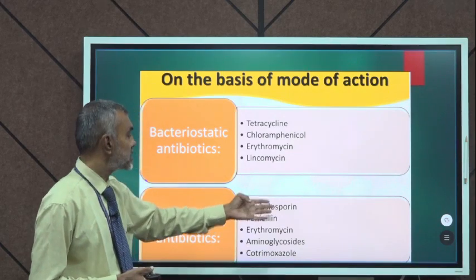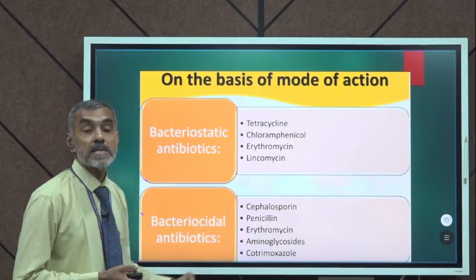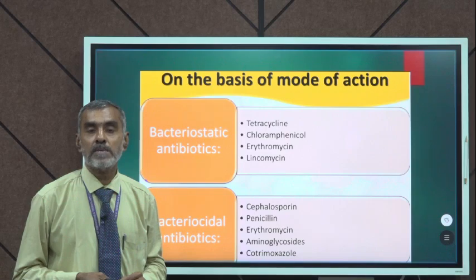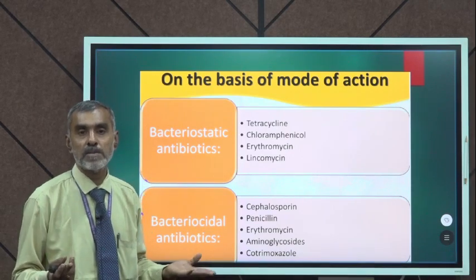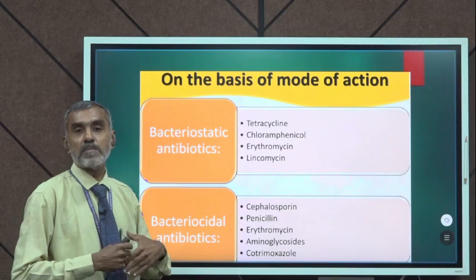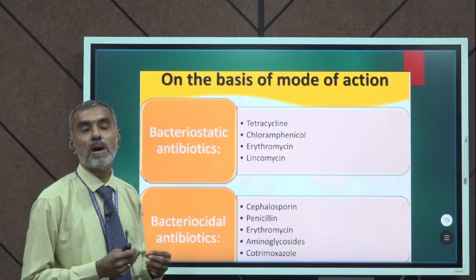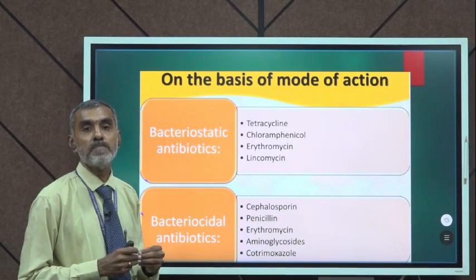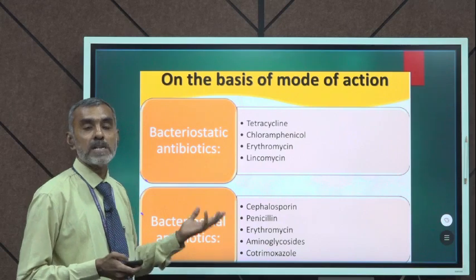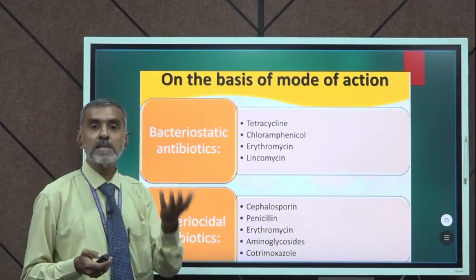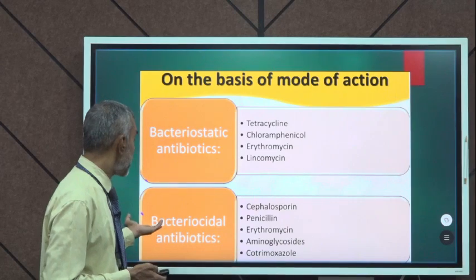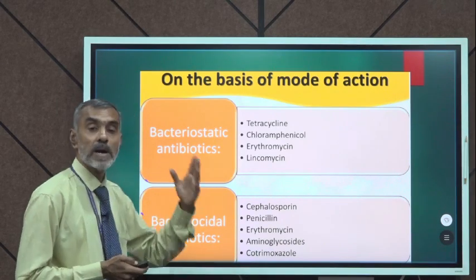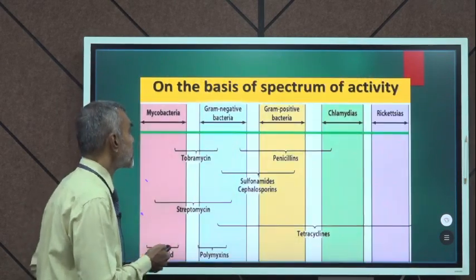Antibiotics like cephalosporin and penicillin destroy the cell wall of the bacteria, whereby the complete structure of the microorganism is destroyed. Ultimately the organisms are killed and there is no further growth. That is why they come under bactericidal.